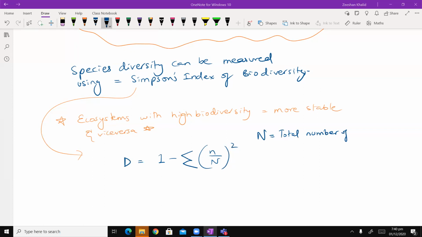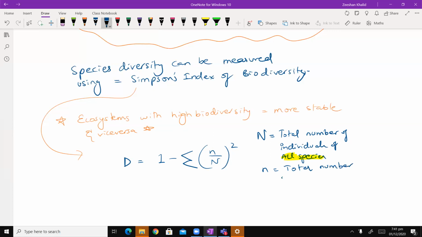total number of individuals of all species. That's the key word here. We are not talking about just one species, we're talking about all species. That's capital N. That's very important. Small n is the total number of individuals of a particular species.